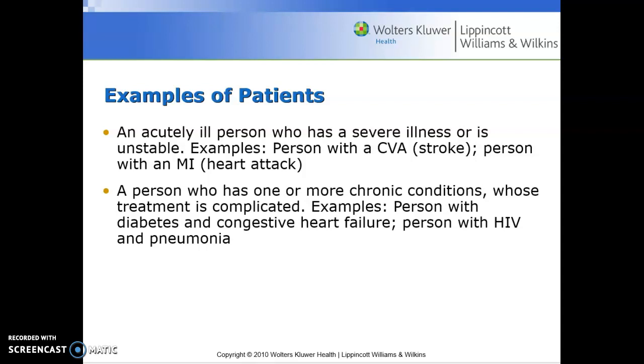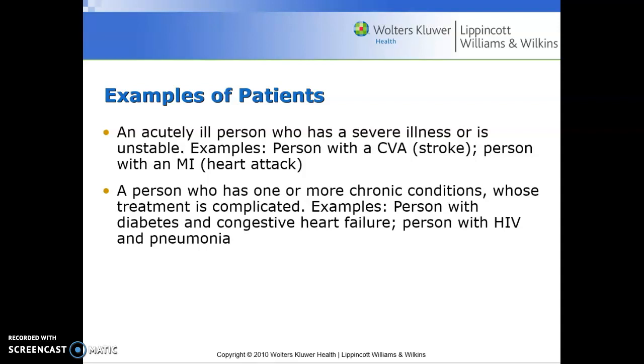Please plant that to memory because you will see that term used often. And then again, an acutely ill person is going to be a person who just had a heart attack. Remember, we said an MI is a myocardial infarction, and that is considered a heart attack.